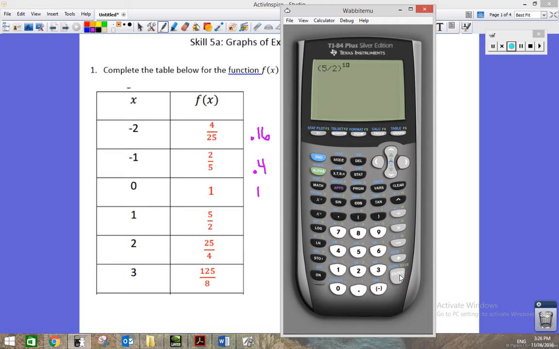That's 5 halves. Half of 5 is 2.5. And now if I raise 5 halves to the 2nd power, I obviously get the 25 over 4. And as a decimal, that's 6.25.